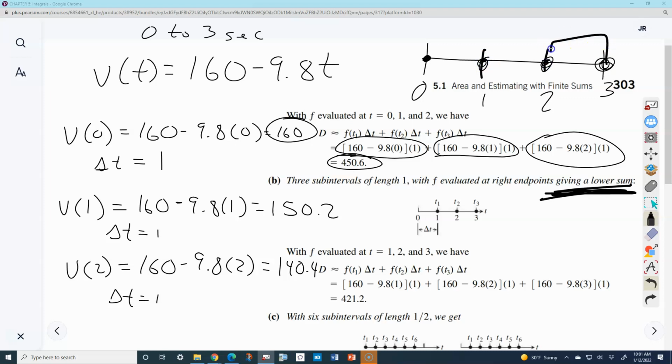So it's like I have a rectangle here, and a rectangle here, and a rectangle here. And so when you do that, you get this. But again, that's not going to be correct. It's going to be an estimate, but that's going to be too small.